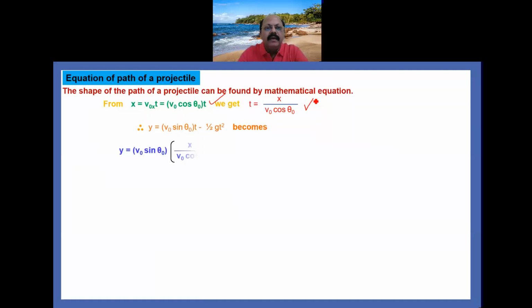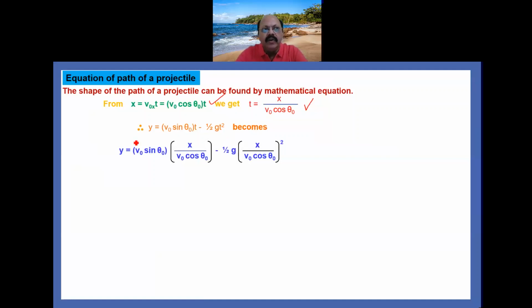Then that equation becomes the equation s equal to ut plus half at square. The same equation we can write as y minus y naught equal to v naught y t plus half ay t square. Substitute the values.